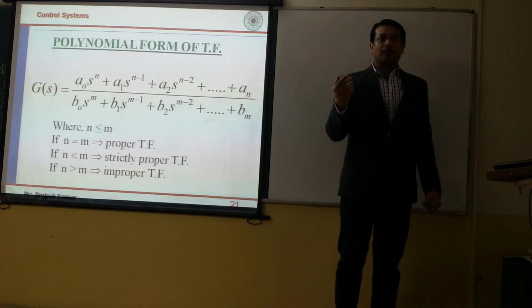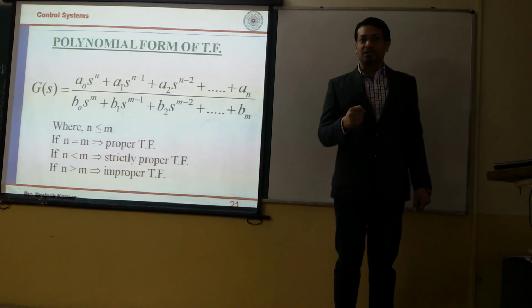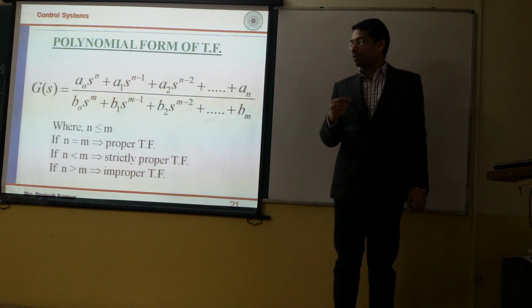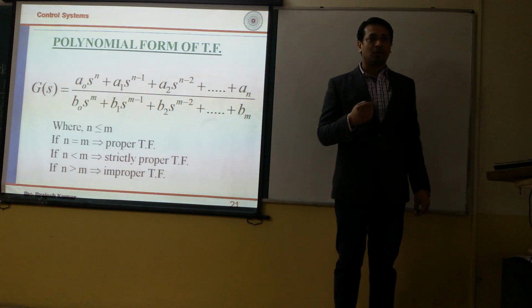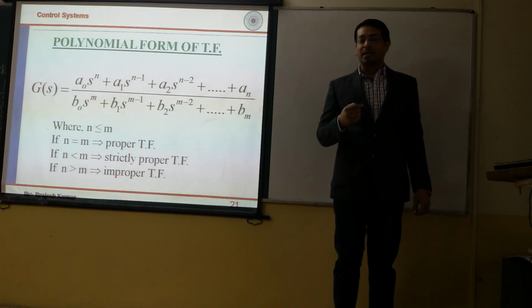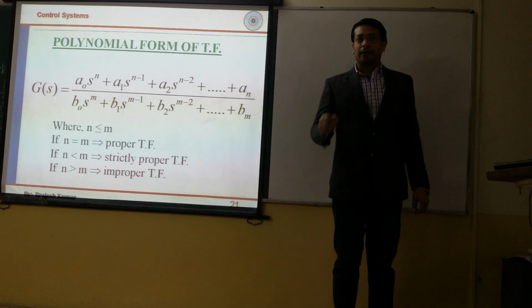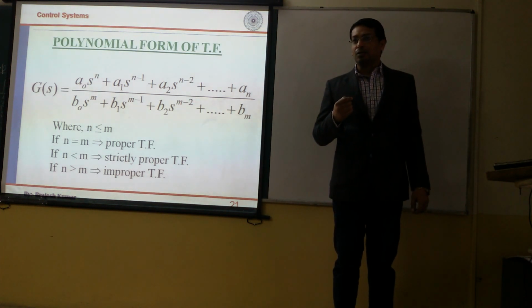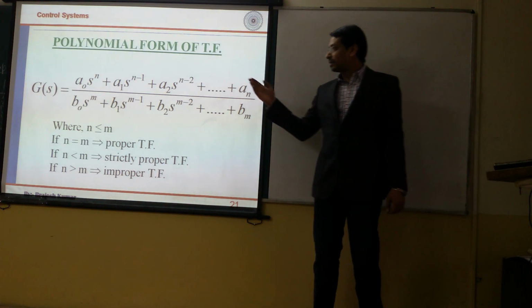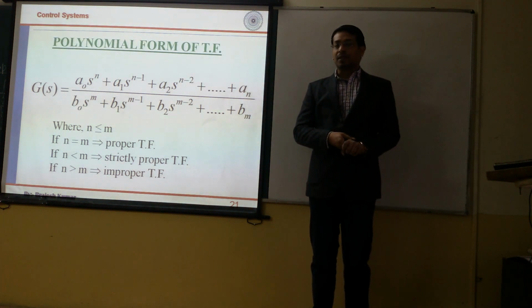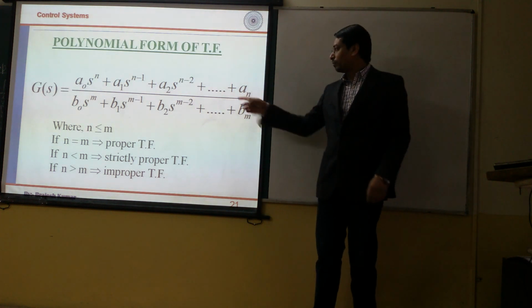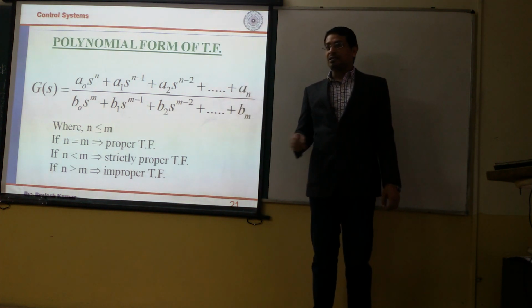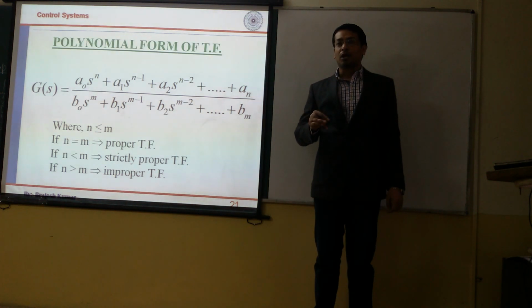So we have found the transfer function for both systems, and you will find that for any nth order system, your transfer function can be arranged into polynomial form, having a numerator polynomial divided by a denominator polynomial, like a naught s to the power n plus a1 s to the power n minus 1 up to an, where n is the order of the system.